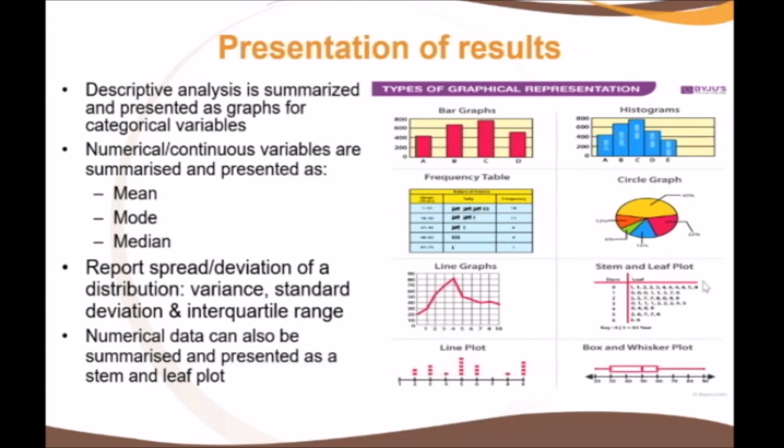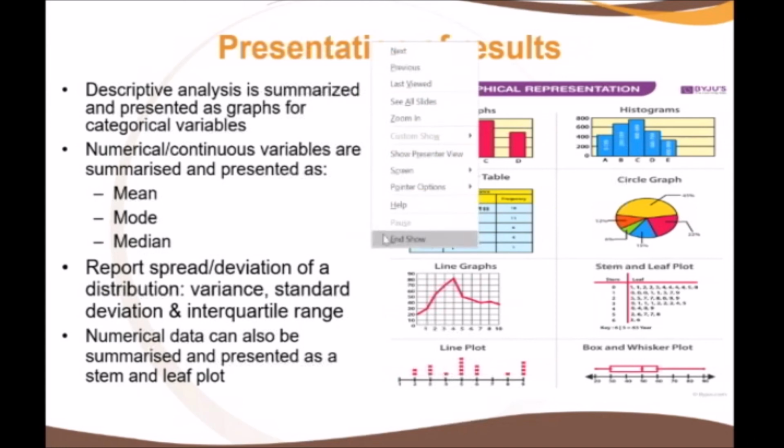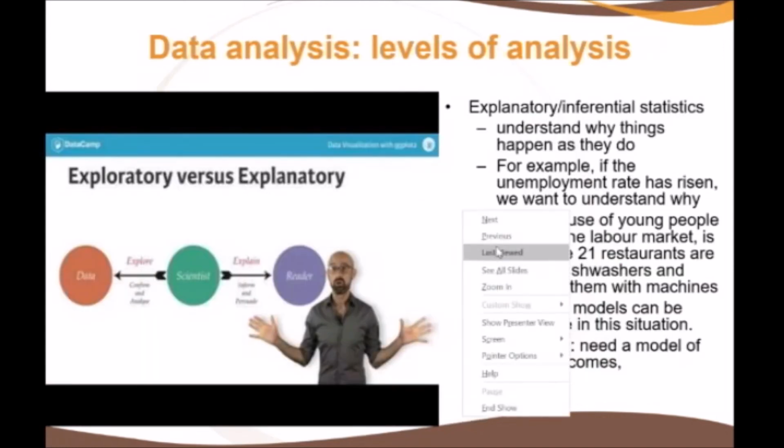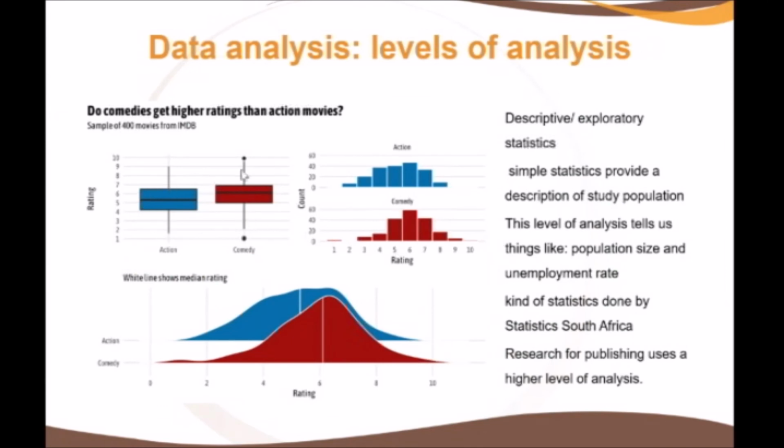This is the leaf plot. And then you have the box and whisker plot. This is the box plot, and these are the whiskers. So that's why it's called the box and whisker plot.